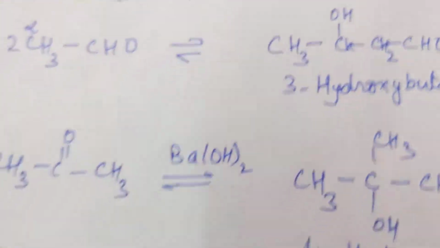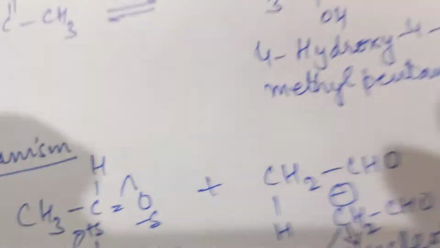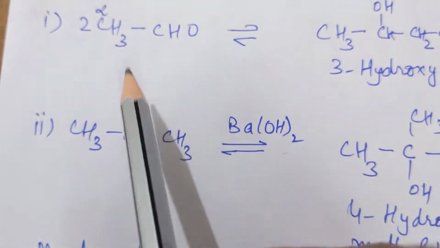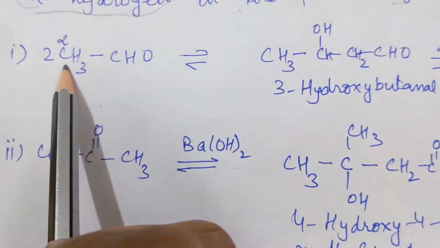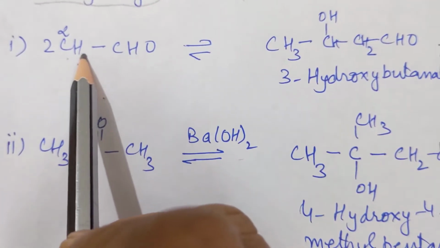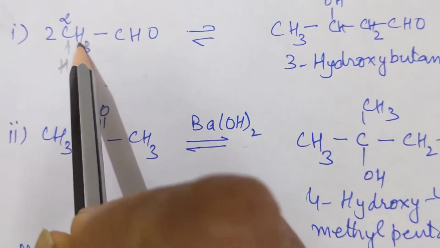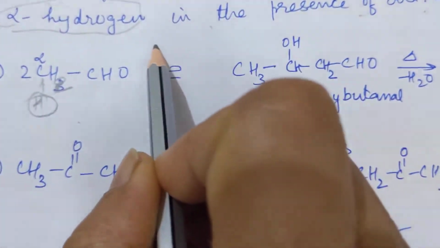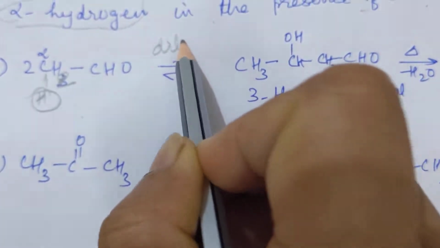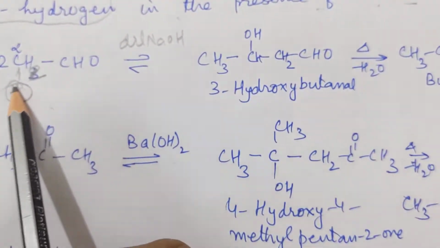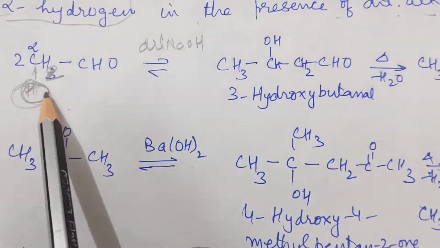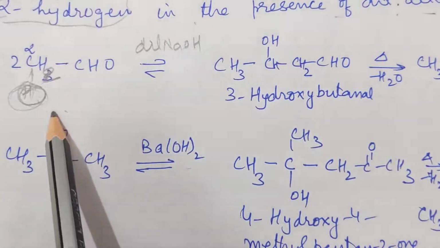For example, in case of ethanal, this carbon is alpha, so the hydrogen attached to it will be acidic in nature. In the presence of dilute NaOH, this hydrogen atom will be lost as a water molecule.